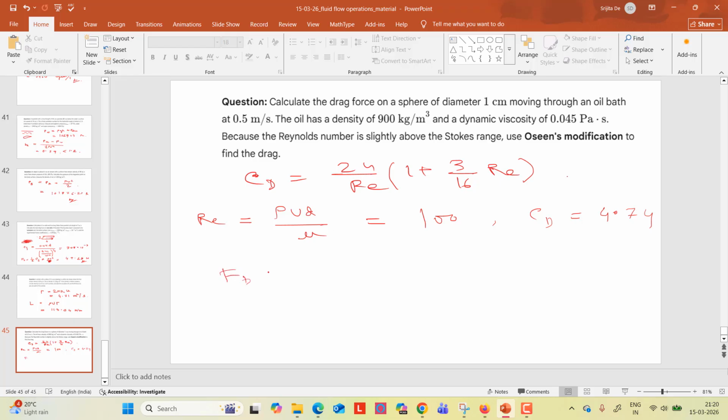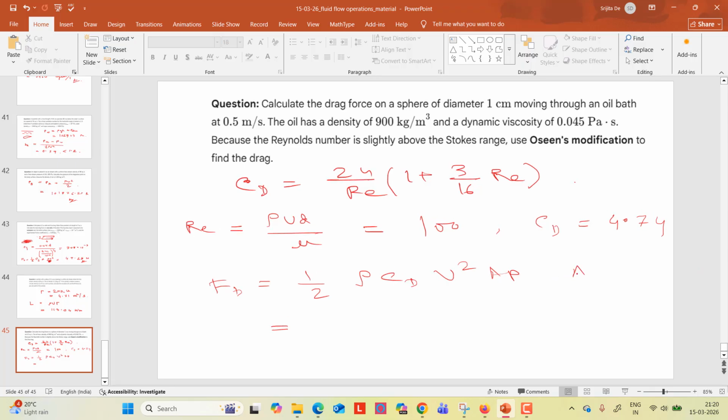FD equals to half rho CD U square into AP. So AP projected area will be a sphere, so that will be pi by 4 d square. Okay, so here AP is pi by 4 d square. So AP is coming as 7.85 into 10 to the power minus 5 meter square.